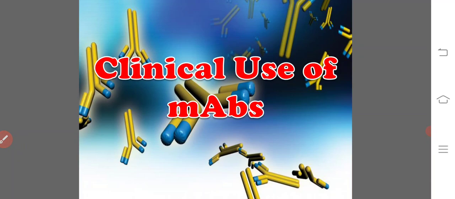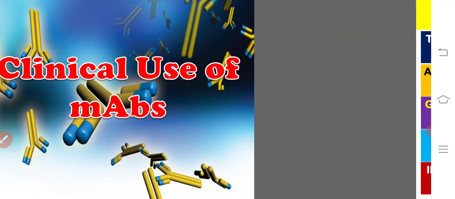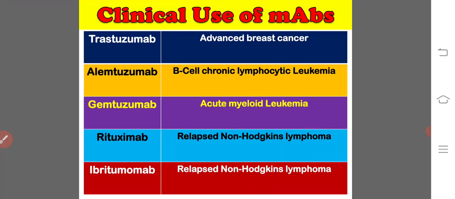And coming to the clinical use of monoclonal antibodies. Here we have taken into consideration some monoclonal antibodies and their curable diseases. Trastuzumab is used to treat advanced breast cancer. Alemtuzumab, B-cell chronic lymphocytic leukemia. Gemtuzumab, acute myeloid leukemia.